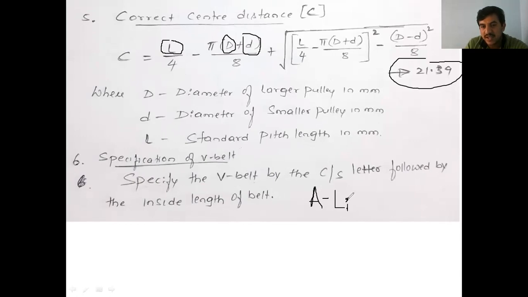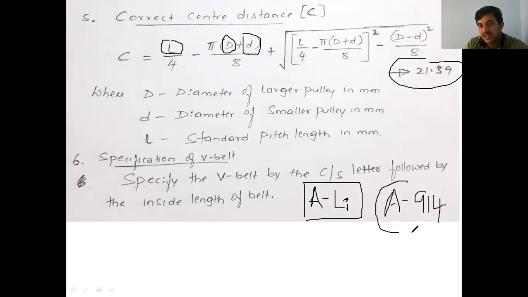For example, A914 is the specification of a V belt. What does it stand for? The cross section of the belt is A. From the cross section we get the width and thickness of the belt. And 914 mm is the nominal inside length of the belt.